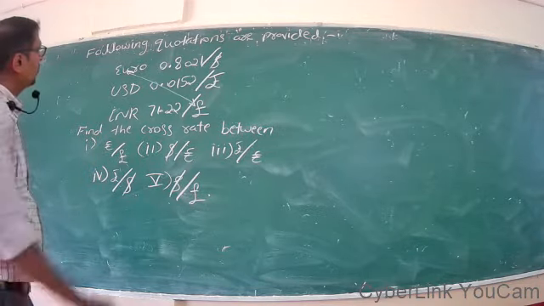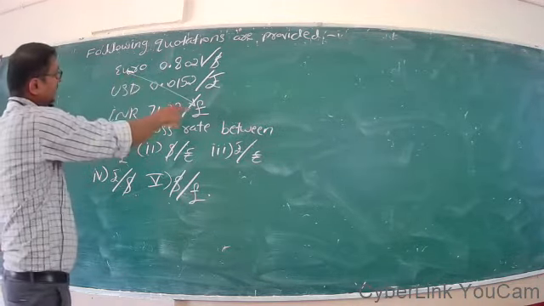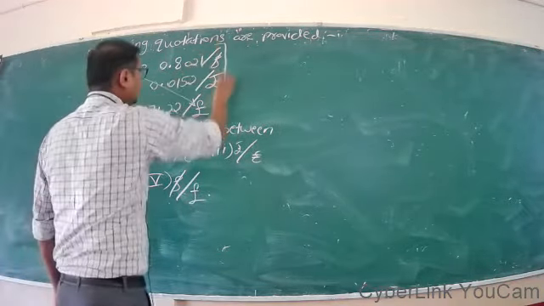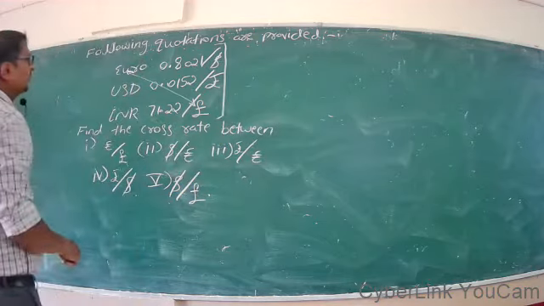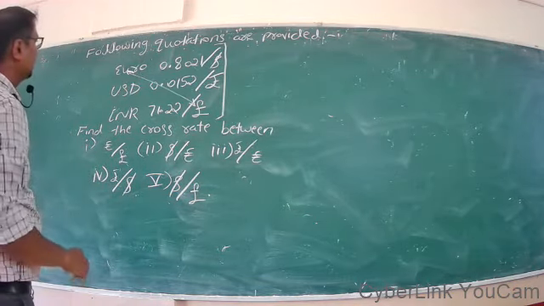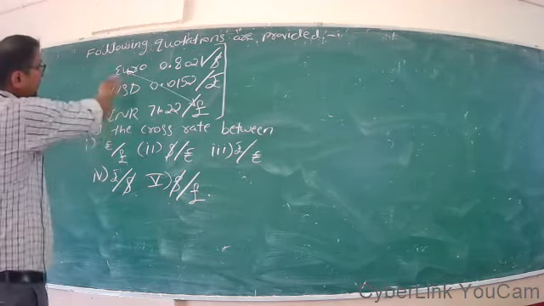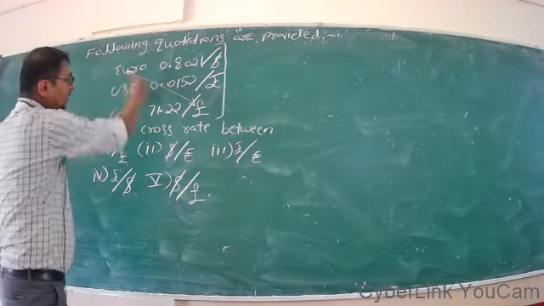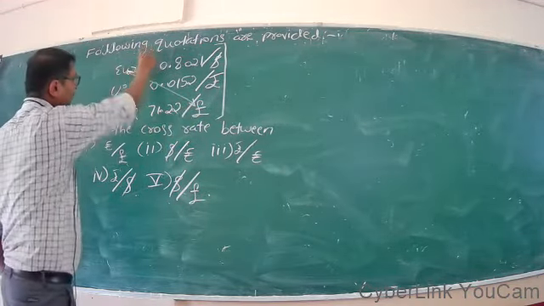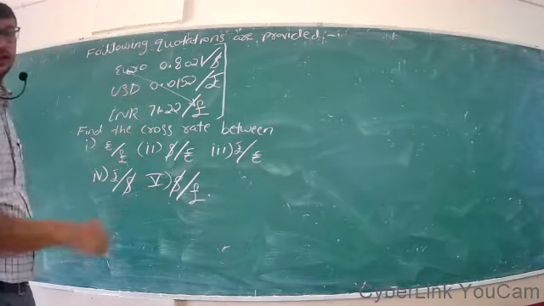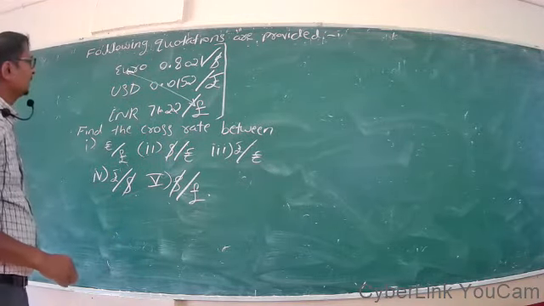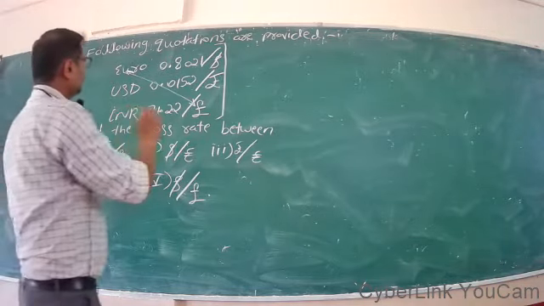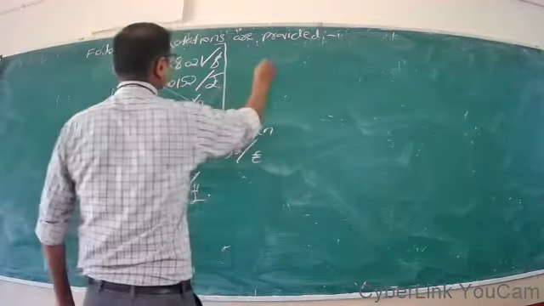So now we need to establish the relationship between these two, meaning we need to consider all three quotations because there is no common currency which can establish the relationship between euro and sterling pound. So to reach from here to here, we need to use all these three quotations simultaneously, right? So that means euro per dollar.